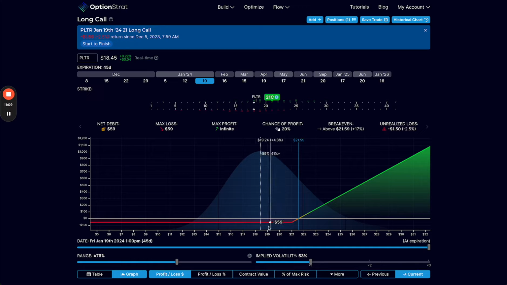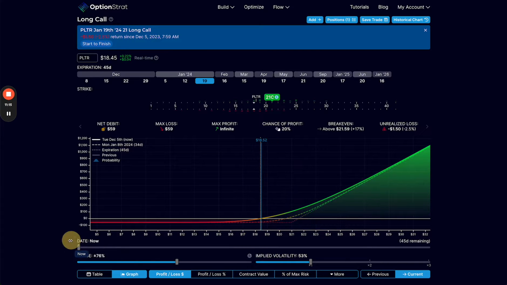So again, what we need to have happen here, this is, of course, the P&L line at expiration. If I bring it back to today, if Palantir were to run today, if it were to get a big run on it for whatever reason and move up to that $21 price, well, I could be up $108 here in the next day or two if it moves up to 21 quickly, which, again, ideally is what we're looking for in these scenarios.